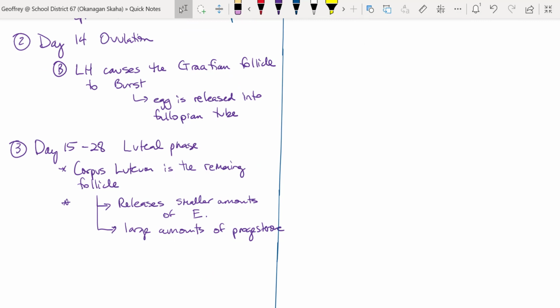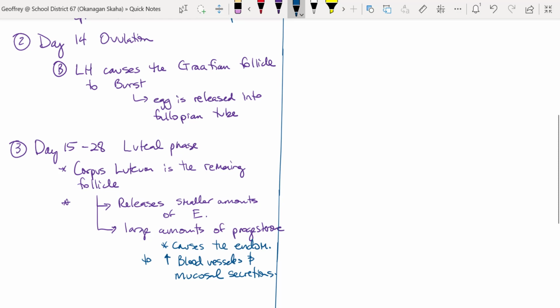Now, what this does, this progesterone causes the endometrium to increase in blood vessels and mucosal secretions.